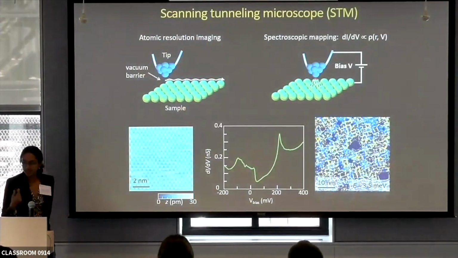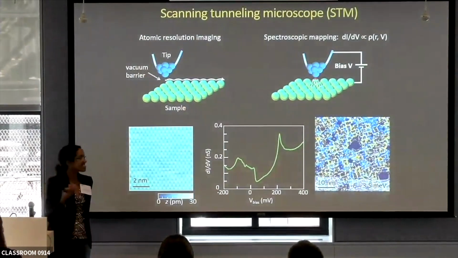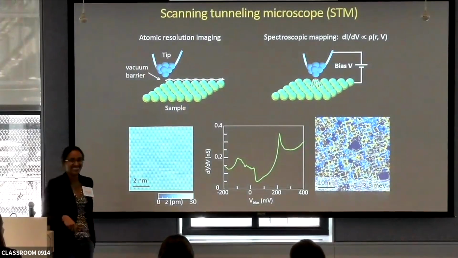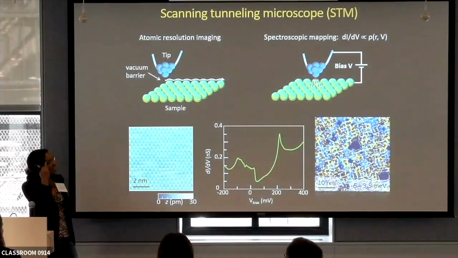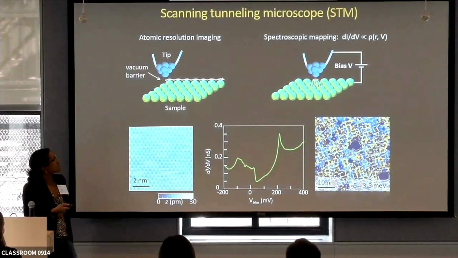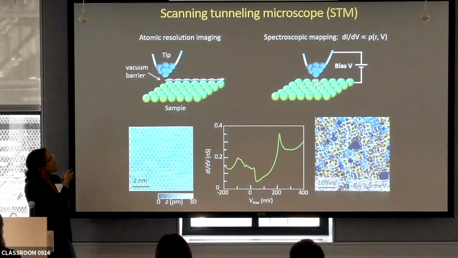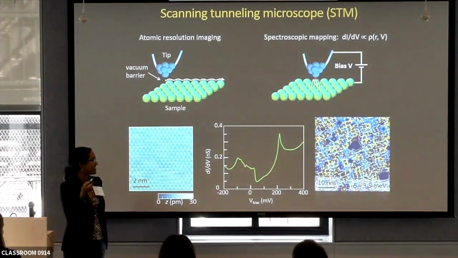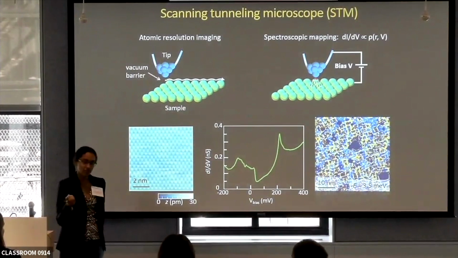So STM, Bert gave a great introduction to what STM is, and we have the same pictures coming from the same group. So, STM, in addition to having this beautiful atomic resolution imaging, is a very versatile probe that can be used for spectroscopy. And so we use it to obtain information on the local density of states.